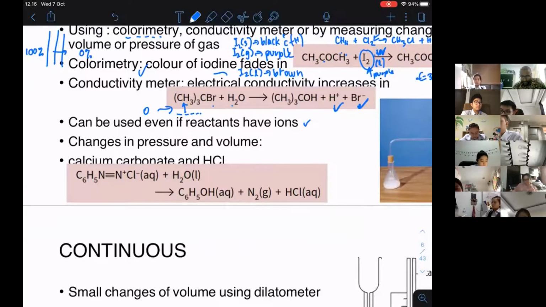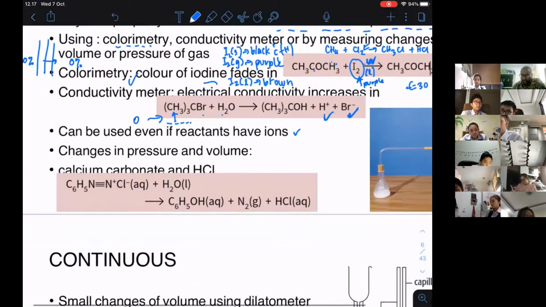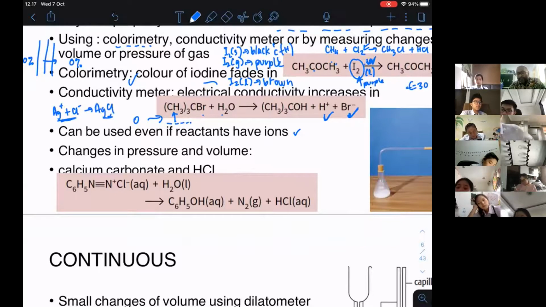If ions are removed, like Ag+ plus Cl- to give AgCl, these free moving ions form a solid, so the electrical conductivity will decrease. You can still use the conductivity meter.